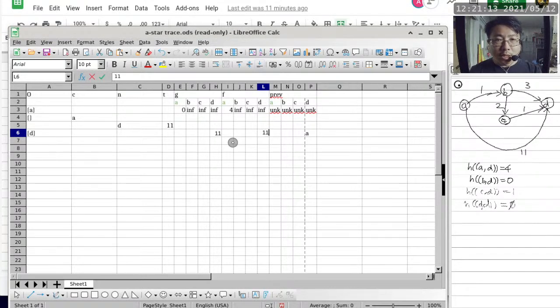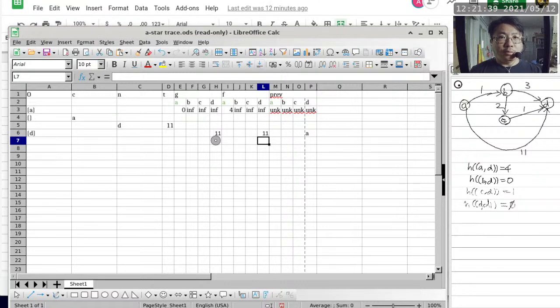Because the heuristic value cannot exceed the length of the shortest path between those two vertices. Now, because D is D, there's no path to talk about, or the path has a length of 0. And as a result, the heuristic value cannot be anything other than 0, because you cannot have a negative value as a heuristic value. That just doesn't make sense.